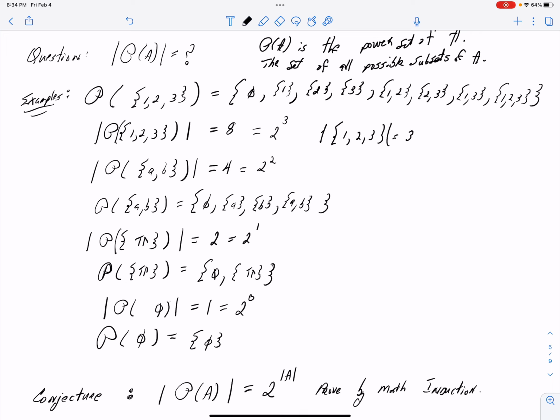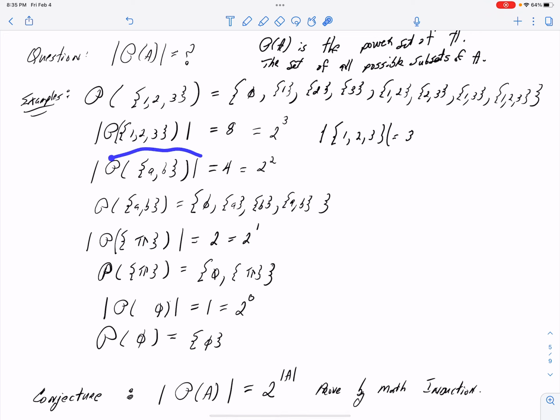Okay, now let's look at the power set of the set {A, B}. So let's list all the subsets of the set {A, B}. Well, the power set of the set {A, B} again consists of the null set, the set {A}, the set {B}, and the set {A, B}.